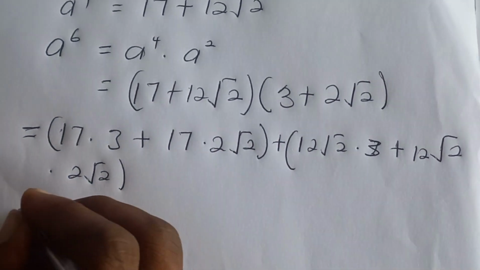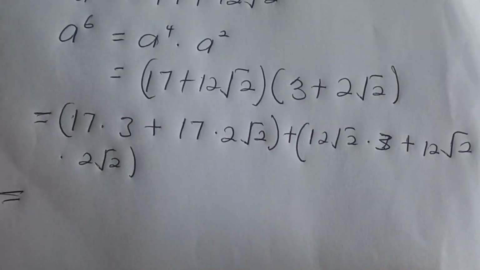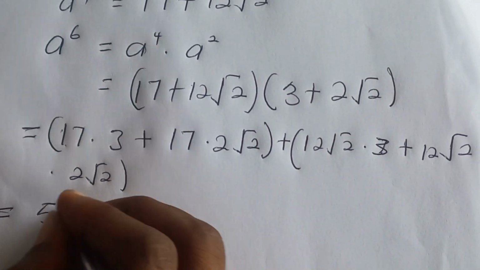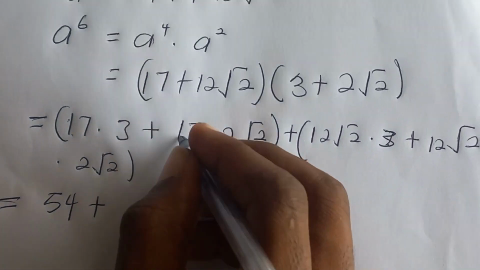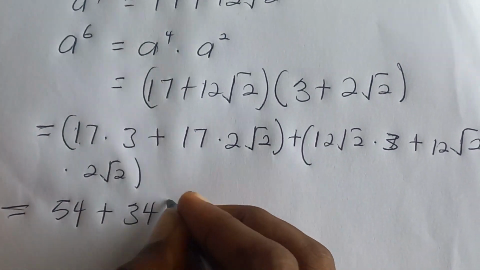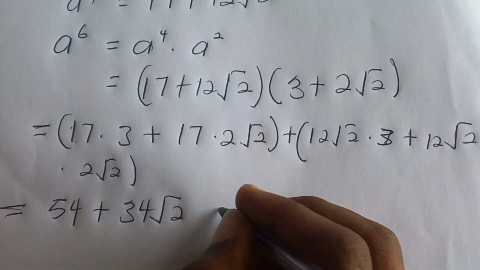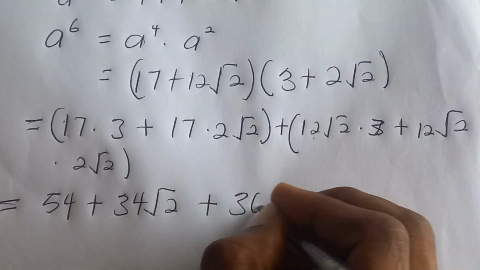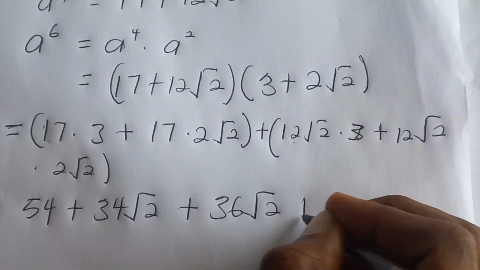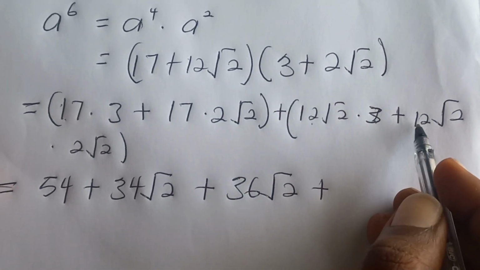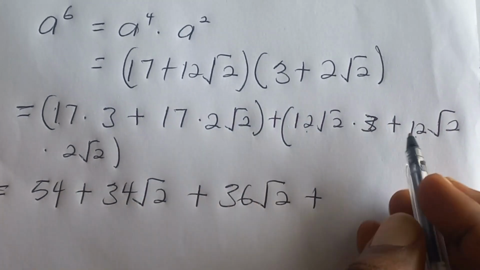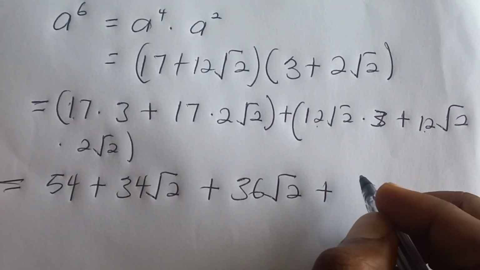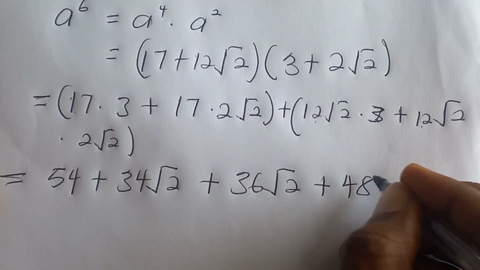So we are going to get 17 times 3 is 51 plus 34 square root of 2, plus 3 times 12 is 36 square root of 2, plus now 12 times 2 is 24, and square root of 2 times square root of 2 is 2. So 24 times 2, we are getting 48.